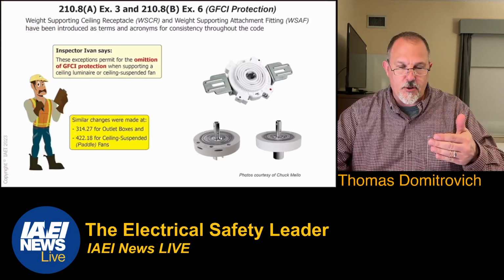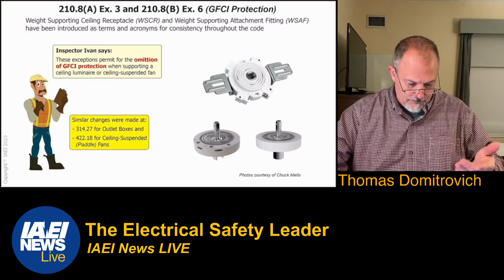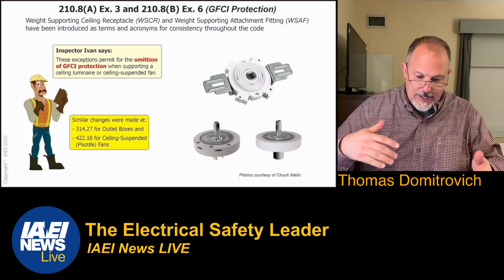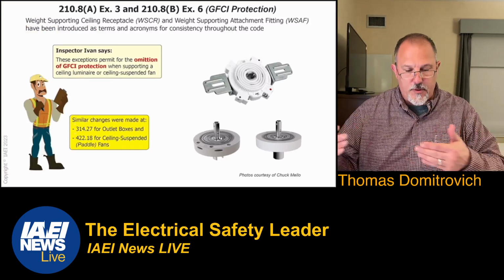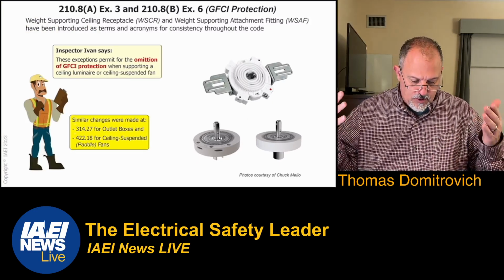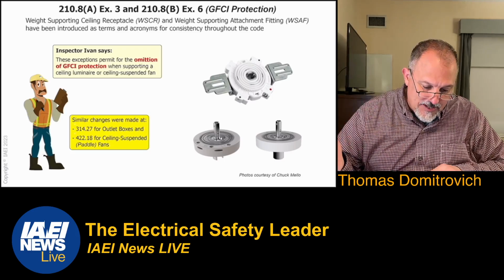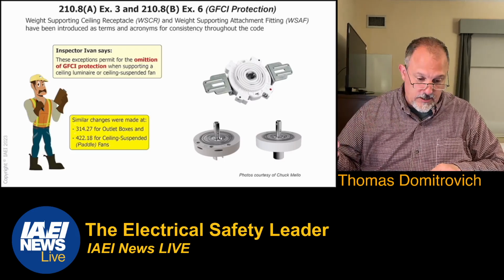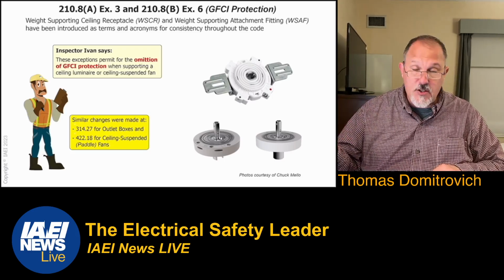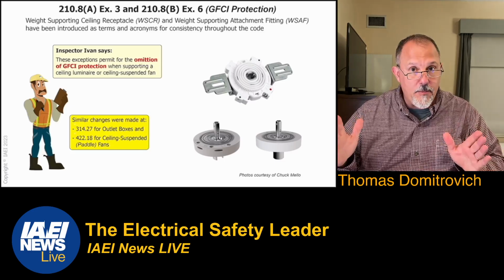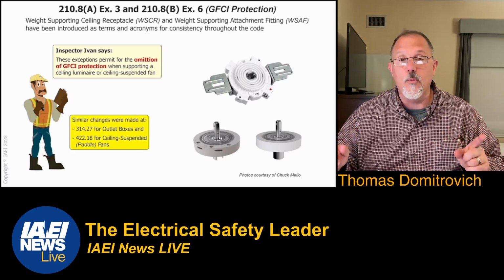So those are the proper terminologies. We just aligned the 210.8(A) and (B) exceptions that deal with those two products to use the proper terms. And I would say those are the changes in 210.8(A). Remember, 210.8(A) deals only with receptacles.